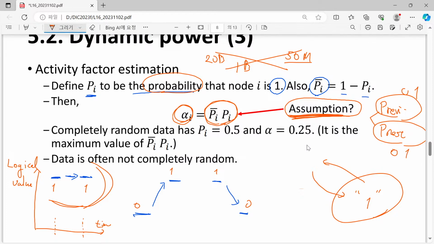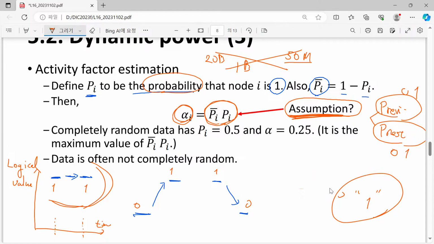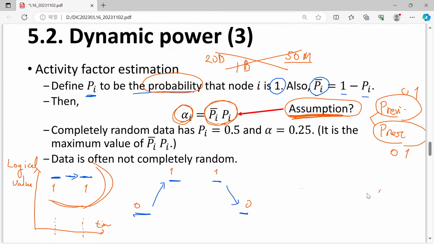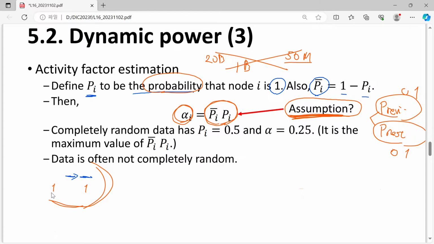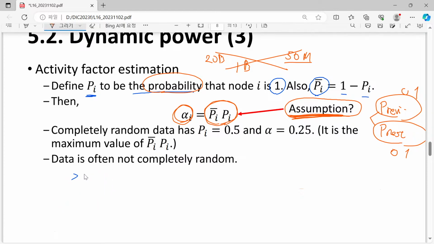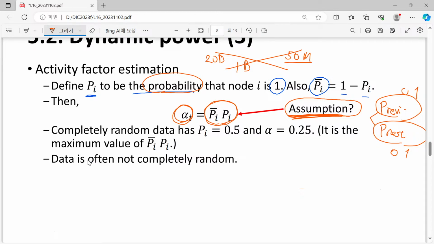That is quite a crude assumption, but it is used in this case because actual calculation of activity factor should be done in a more rigorous way, but right now we just wanted to discuss the general impact of our activity factor. So please just accept this crude approximation for a while.